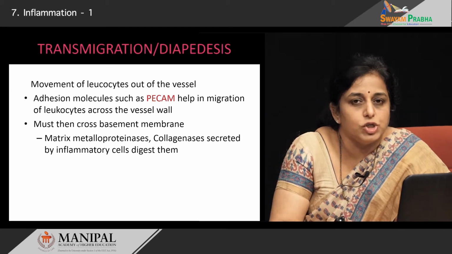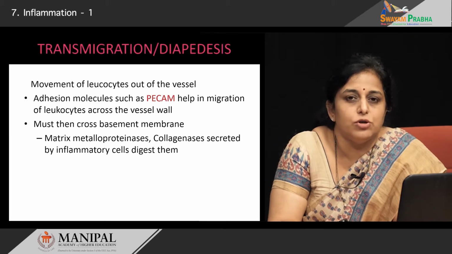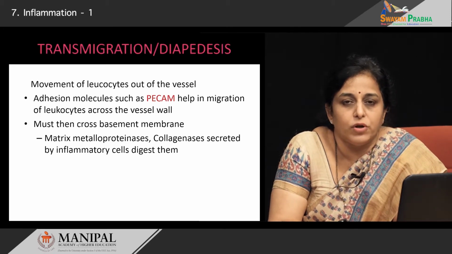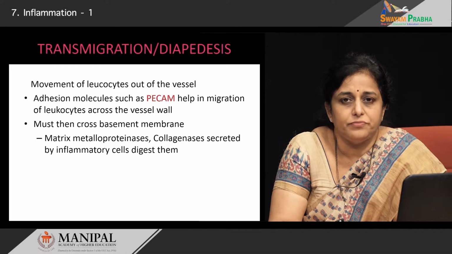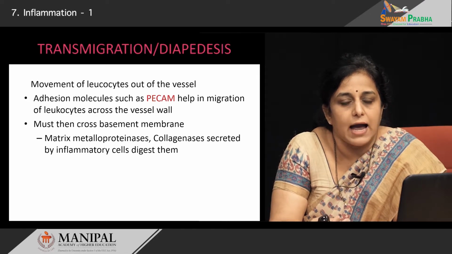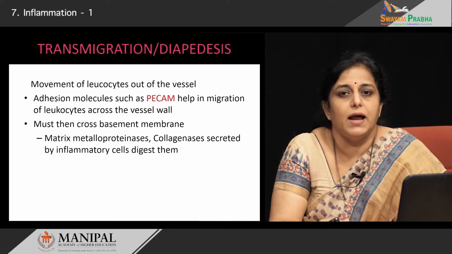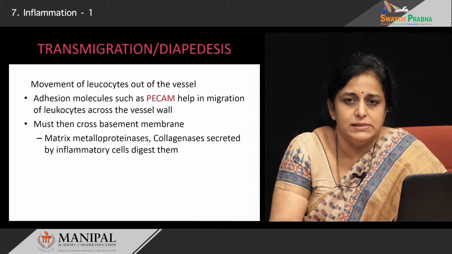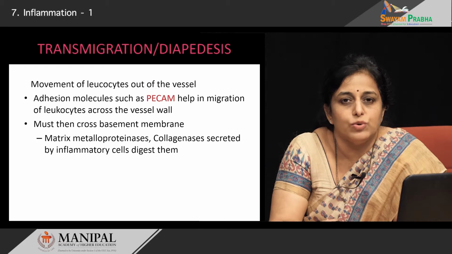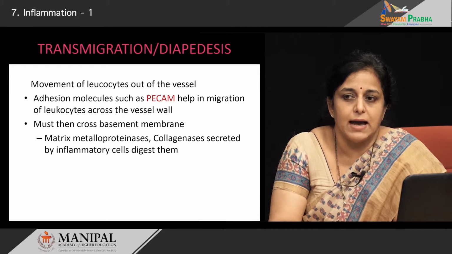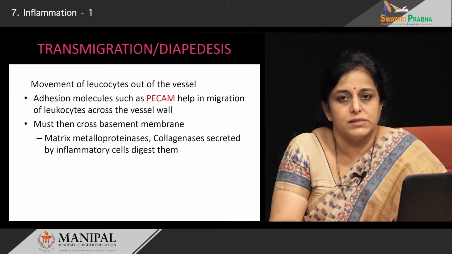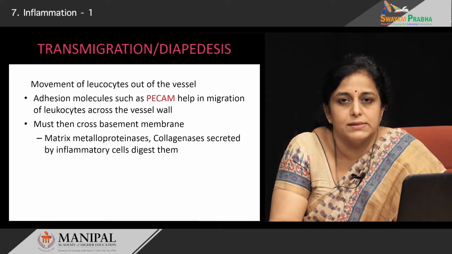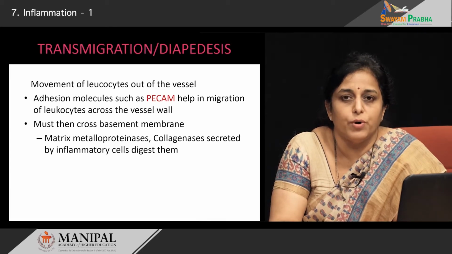We learned that the adhesion molecule PECAM present on the endothelial cells brings about this action. Then the leukocytes have to degrade the basement membrane and the collagen and other tough tissues that surround the vessels. This happens because the leukocytes secrete various enzymes which digest these proteins, most important being MMPs or matrix metalloproteinases.